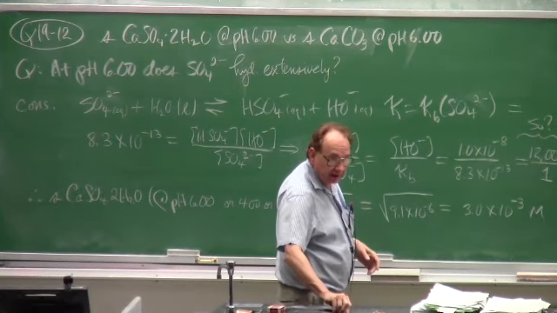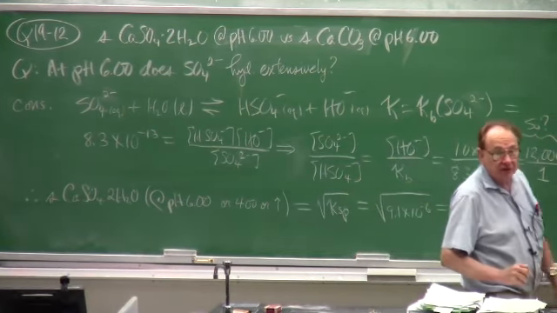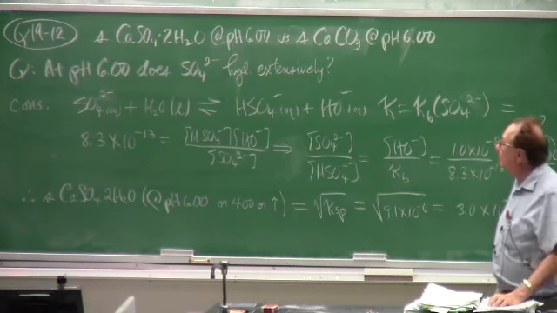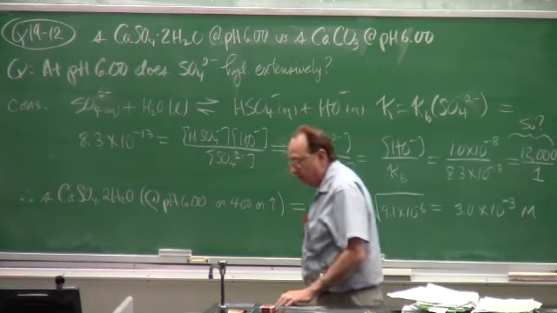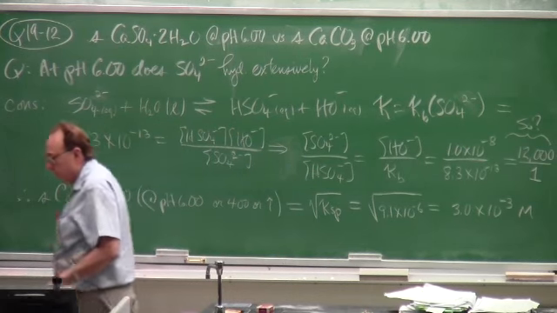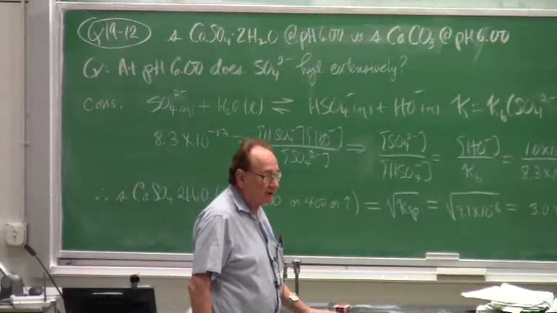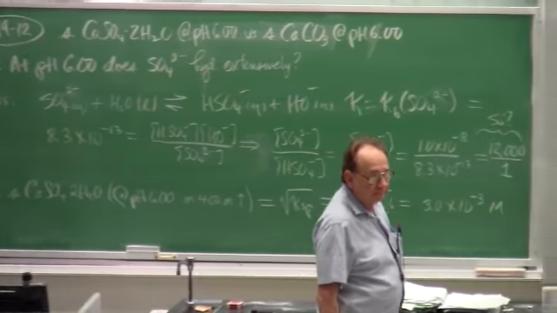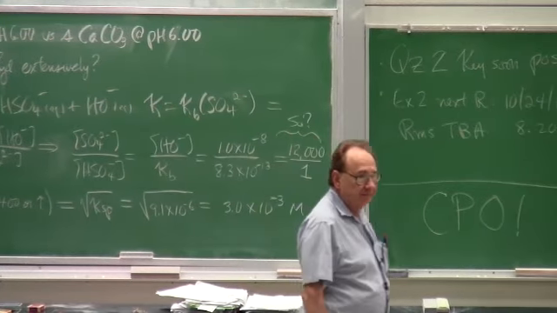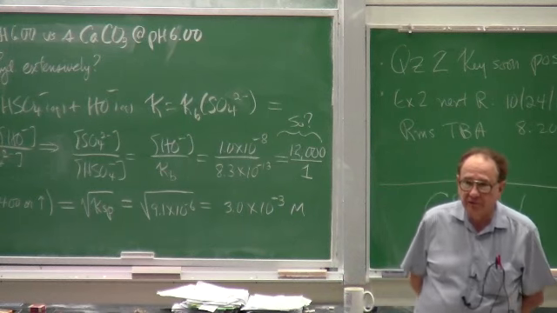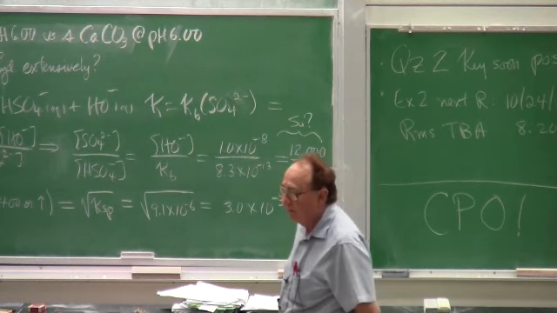So, more on analysis of equilibrium systems which contain salts of limited solubility in water. Question 1912, which we led into by way of last conversation. Let's compare the solubilities for calcium sulfate and calcium carbonate in a water solution buffered at pH 6.